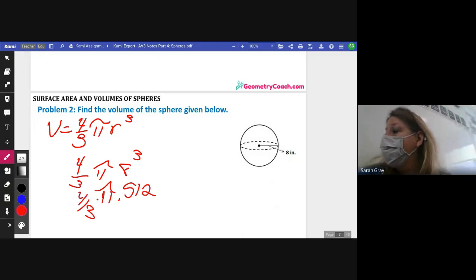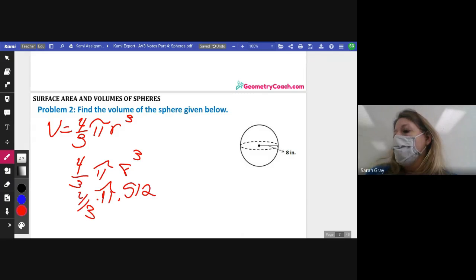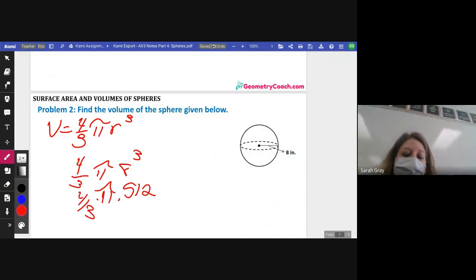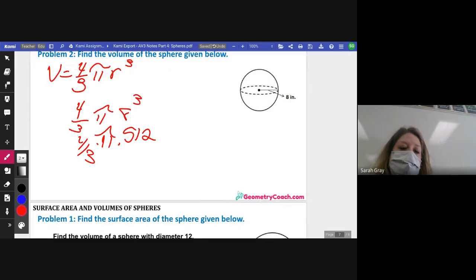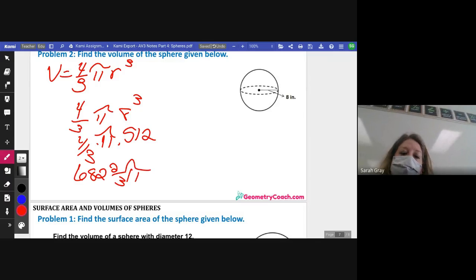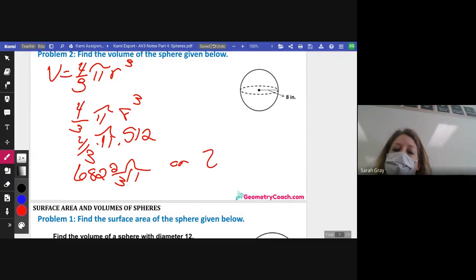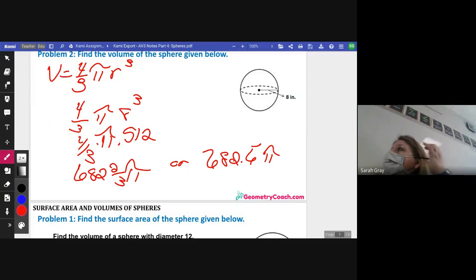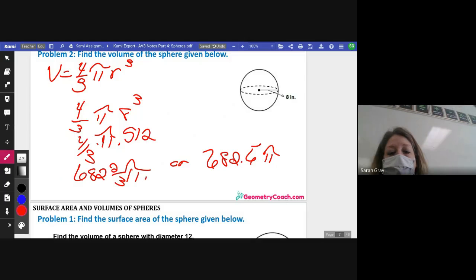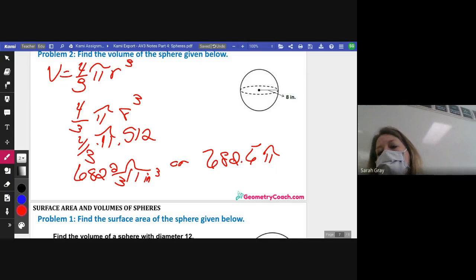And then the 4/3 and the 512 can go together. 512 times 4 divided by 3 is 682 2/3. 682 2/3 pi. Or if you like decimals better, 682.6 repeating pi inches cubed. Because now we're doing volume.